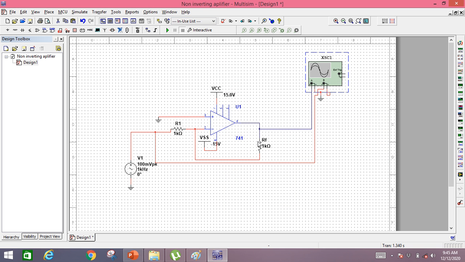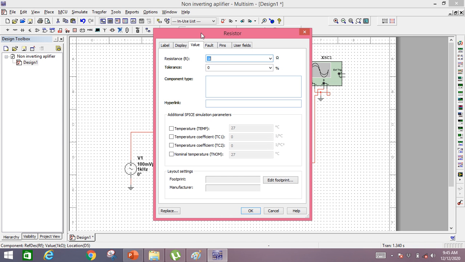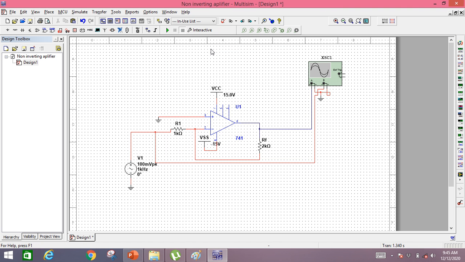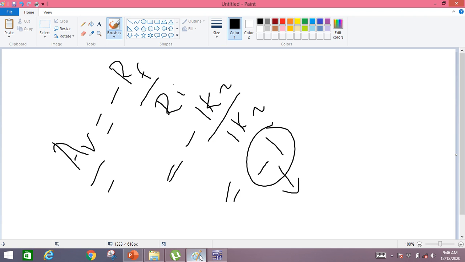Now let's change the value of RF. Let's make it 2 kilo ohm and run the circuit. Now what will be the gain? If this is 2 kilo ohm, our gain will be -2.